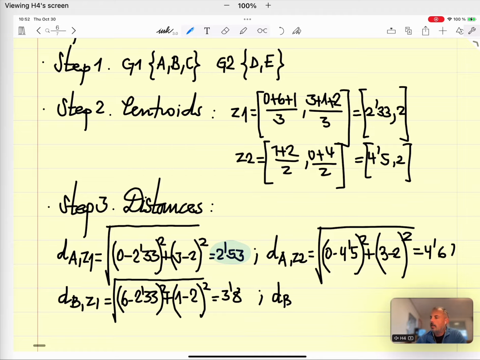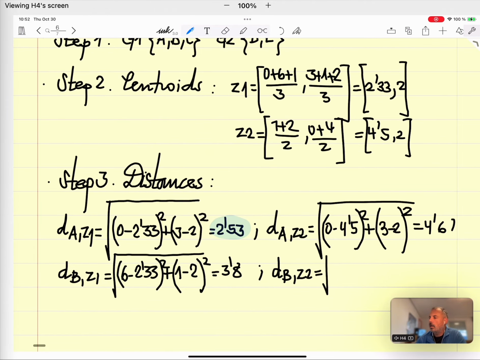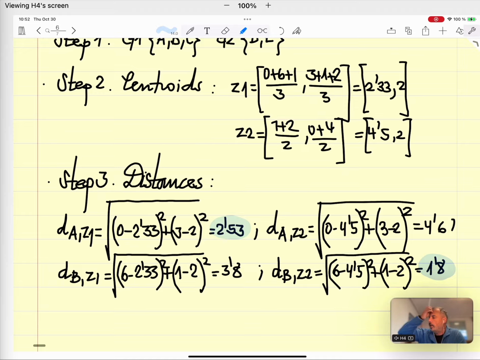The distance between B and Z2 is 6 minus 4.5 squared plus 1 minus 2 squared. This equals 1.8. So B belongs to the second group because 1.8 is smaller than 3.8.